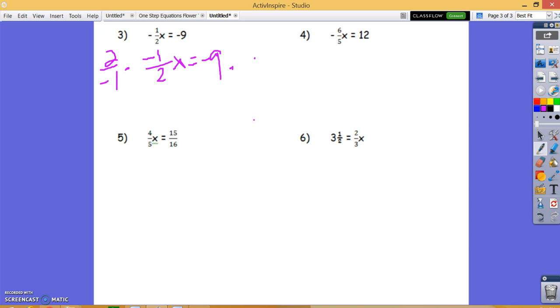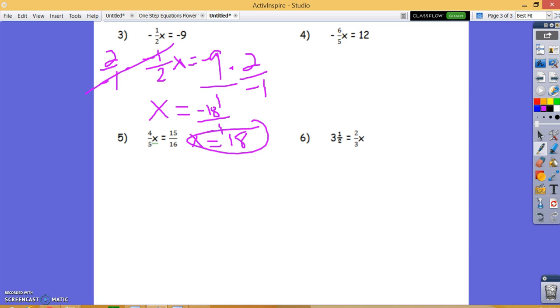And then over here, same thing, times 2 over negative 1. And I can't cross-reduce anything because there's no common terms. So, but over here, 2 over negative 1 times negative 1 over 2 would be negative 2 over negative 2, which is just positive 1, so x equals. And then this would be negative 18 over negative 1, which reduces to just 18 because a negative divided by a negative is a positive.